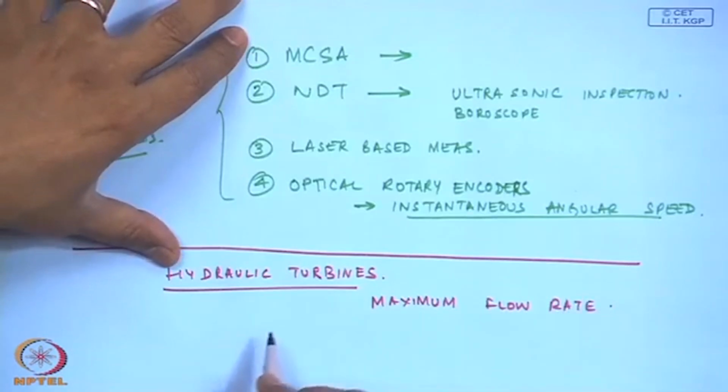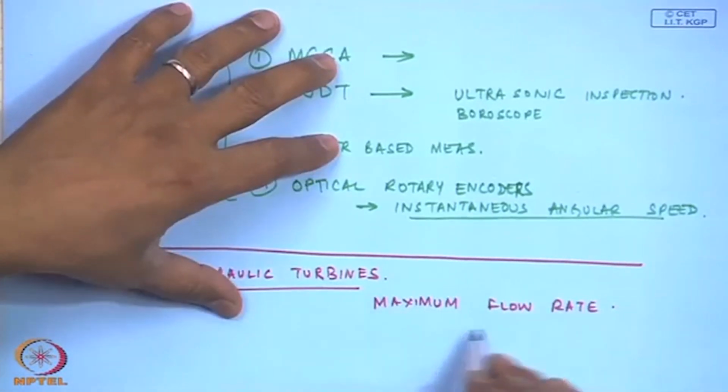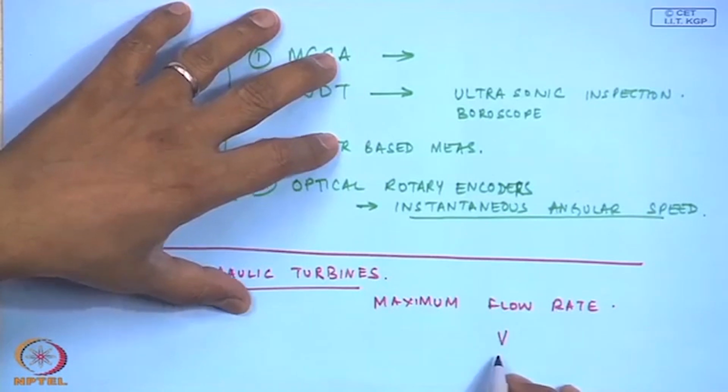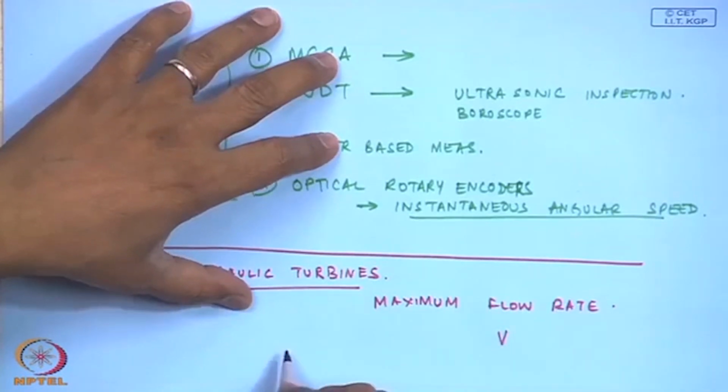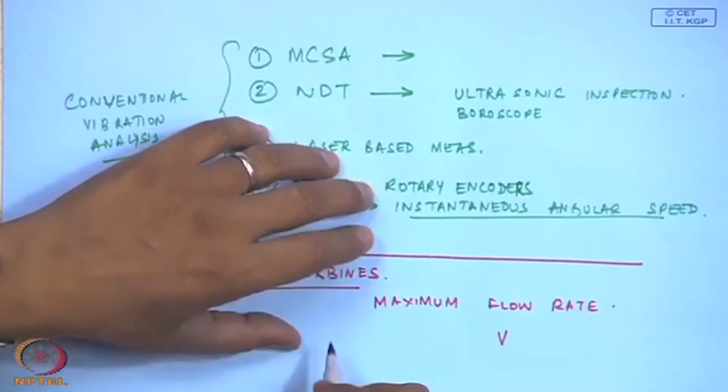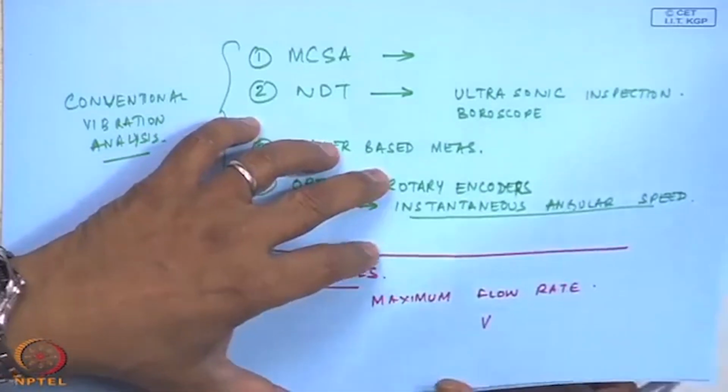Because if the flow rate increases and the velocities become so high, to conserve energy the pressure of the liquid may fall below the vapor pressure.